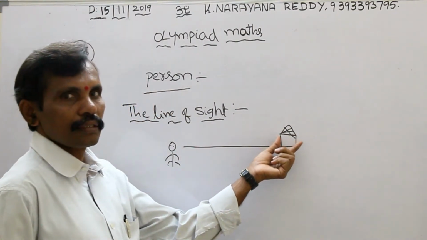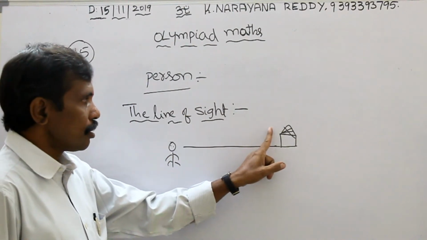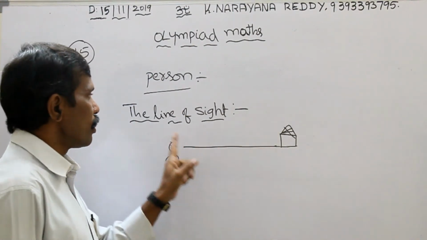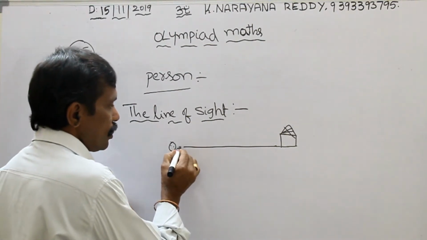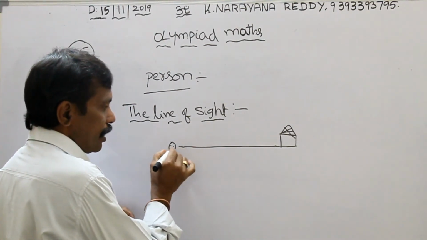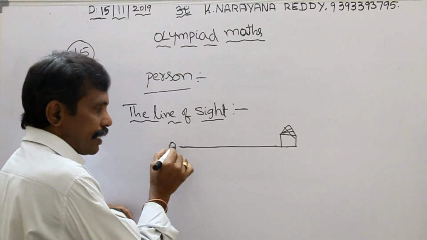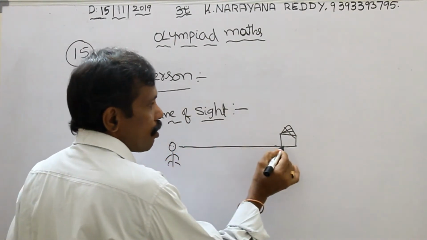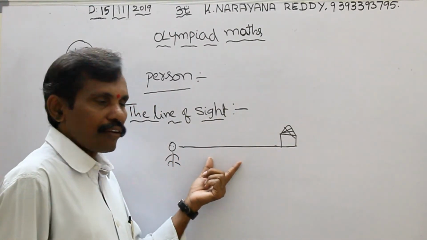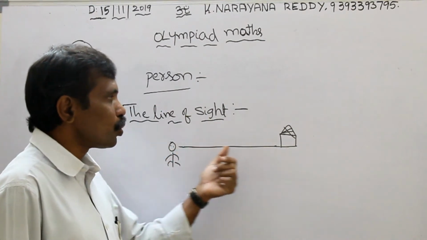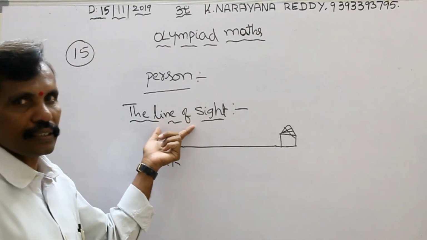Which is an object. The person is observing this object. This line is called line of sight. That means the observer's eye is there, and the line from the observer's eyes to the object, that joining line, is called line of sight.